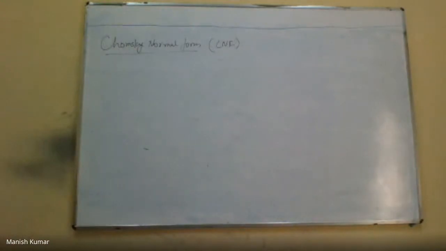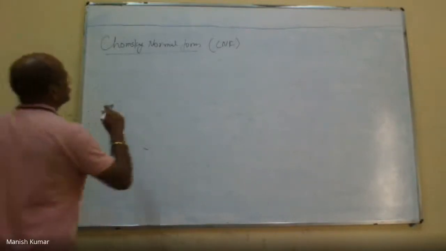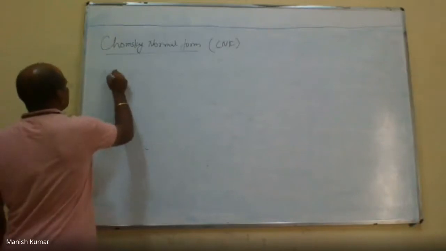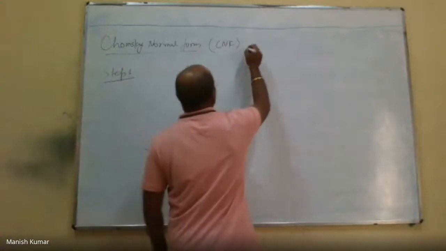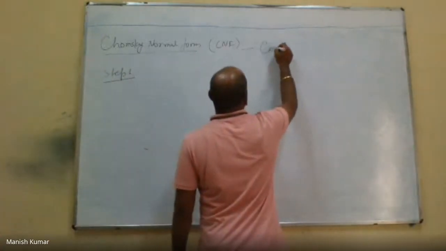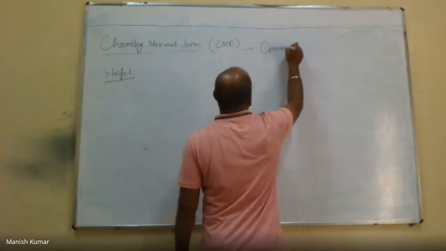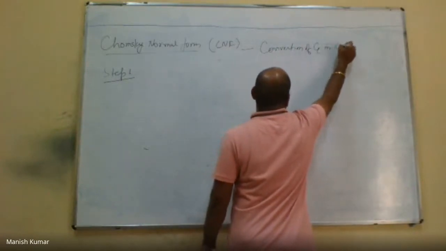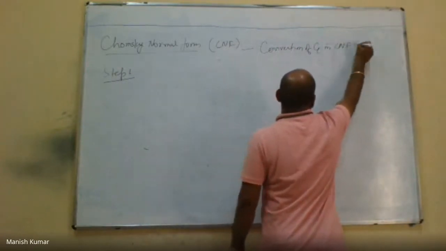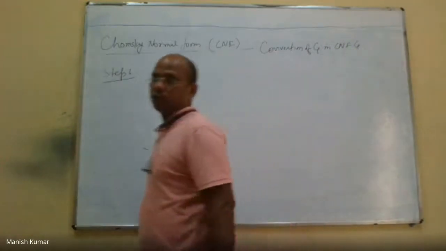Step one: conversion of G into CNF, the Chomsky normal form grammar.